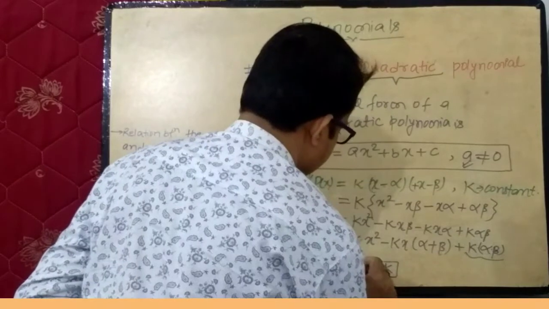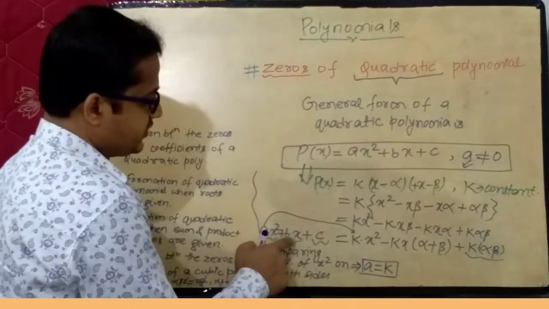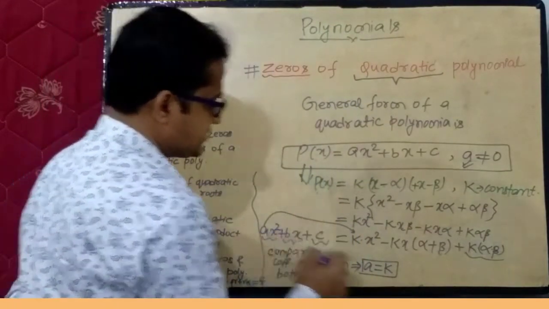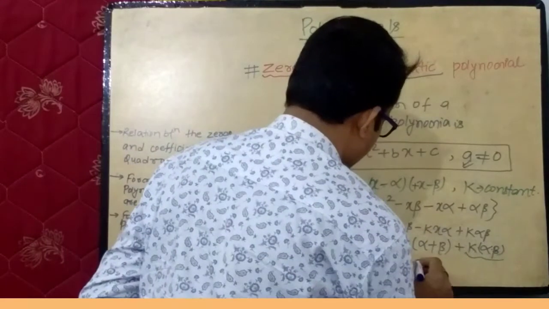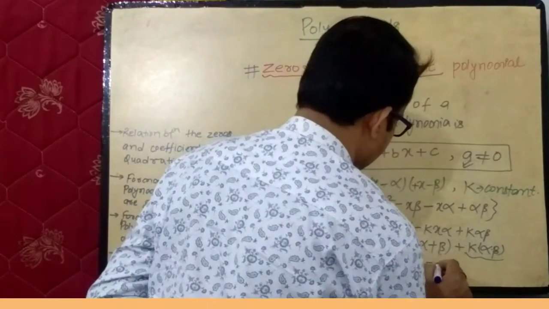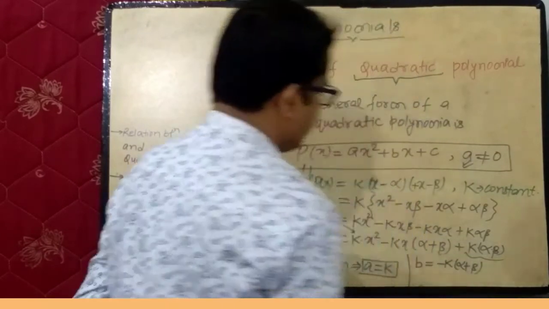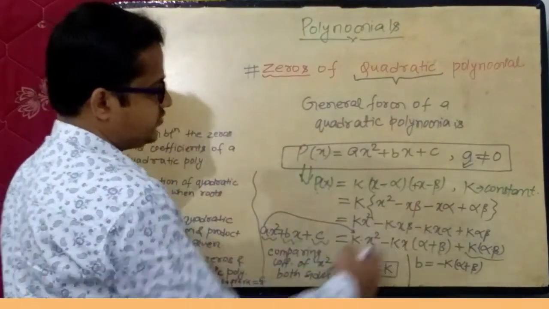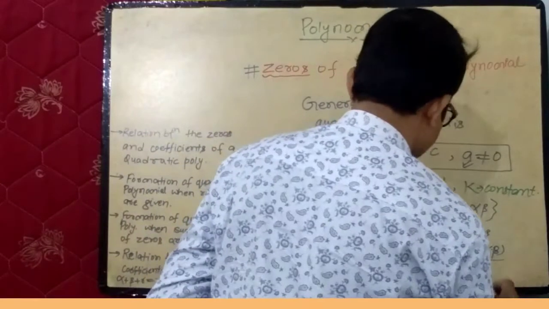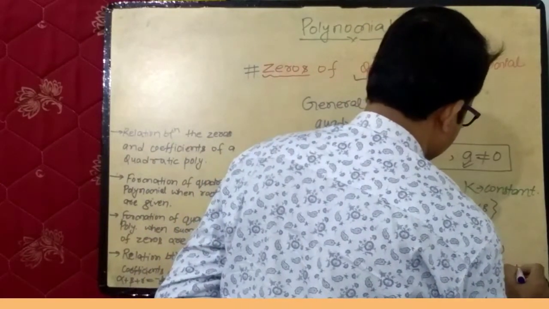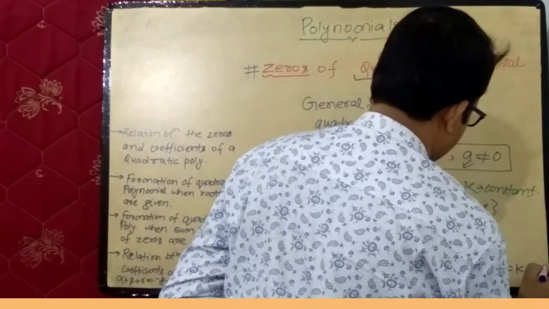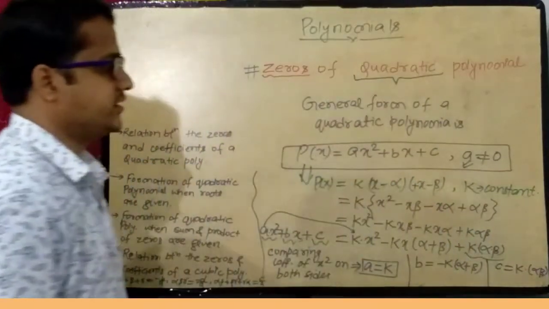This is the first. Now compare the coefficient of x on both sides, then what will you get? You will get b equals minus k times alpha plus beta. Now compare the constant term on both sides, then what will you get? You will get c equals k into alpha beta.